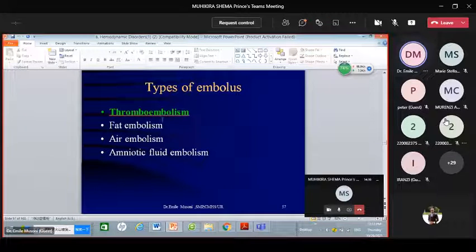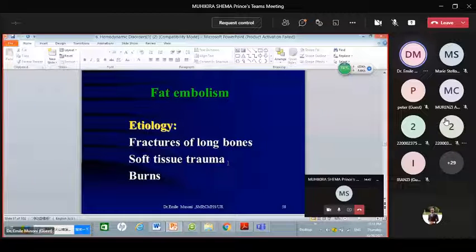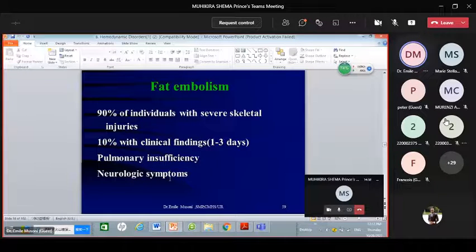Types of embolus: thromboembolism, the most common, fat embolism, air embolism, amniotic embolism. Let us see the fat embolism. Most of the time, fat embolism occurs after a fracture, for example a femoral fracture.